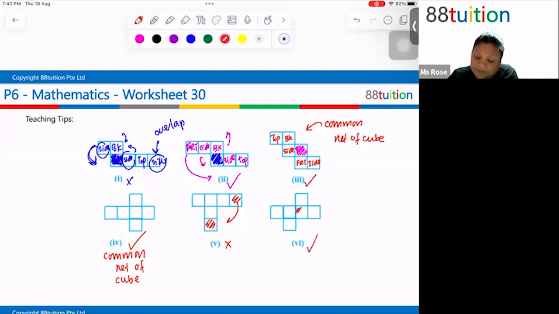Is it? Base, side, top, back, front, side. Okay, so there's no overlap. It's just nice, to form the net of a cube.